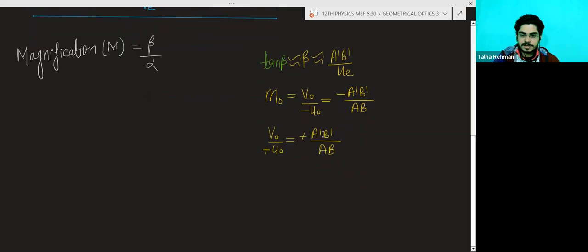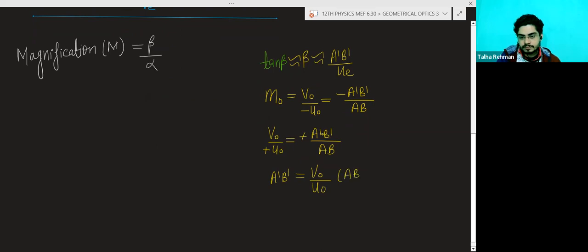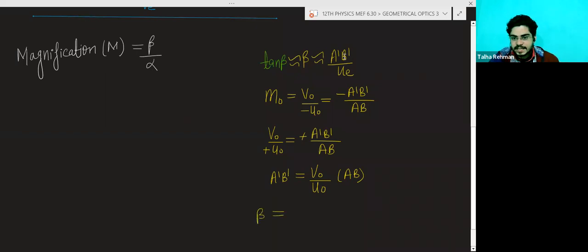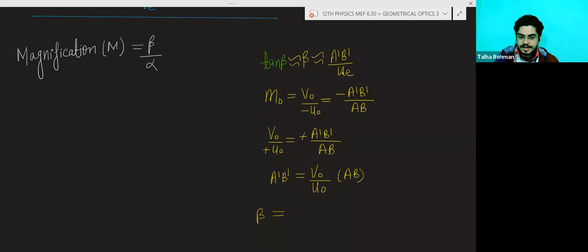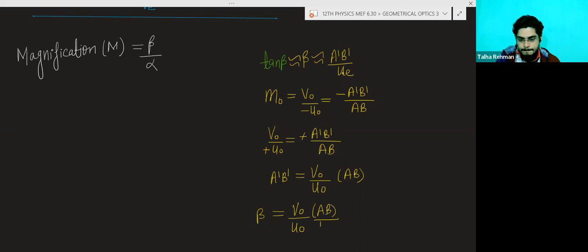So a dash b dash, when you calculate from here, you will get v naught by u naught multiplied by ab. Now find beta. Beta is a dash b dash by ue, and what is a dash b dash? v naught by u naught multiplied by ab.